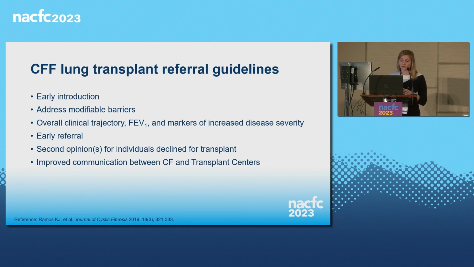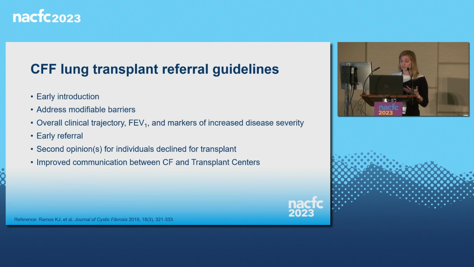The guidelines also aimed to inform CF clinicians about the importance of using the overall trajectory of someone's clinical course, in addition to FEV1 and markers of increased disease severity, to determine the timing of lung transplant referral. And then early referral is emphasized to avoid the need for emergent transplants or missed opportunities for transplant entirely, because a person can become too sick to undergo transplant before they reach the transplant team or have time to get organs.